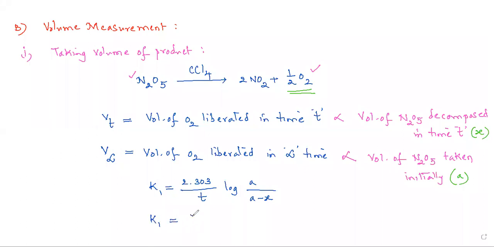K1 is equal to 2.303 by t log. What is a here? Nothing but V infinite, and a minus x is Vt. Is that okay? So this is how we can monitor the progress of the reaction when the volume of one of the products is given.